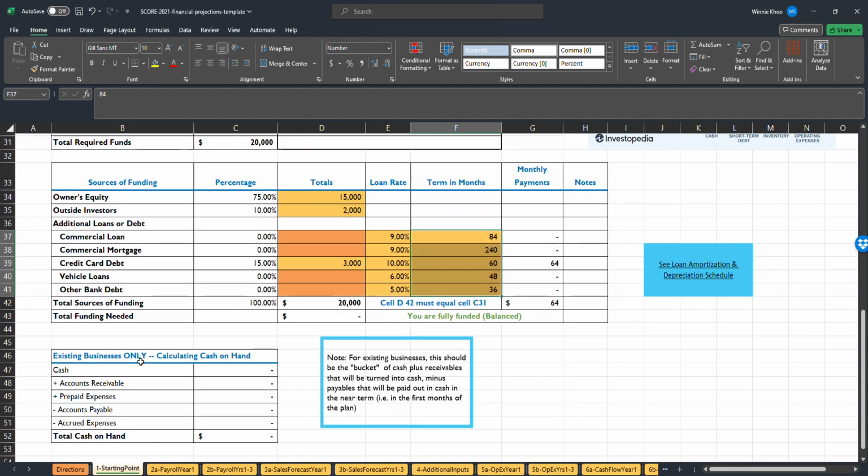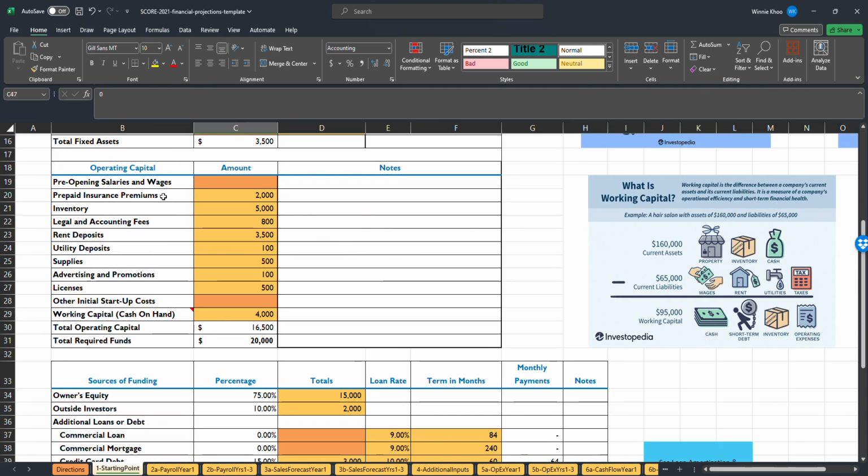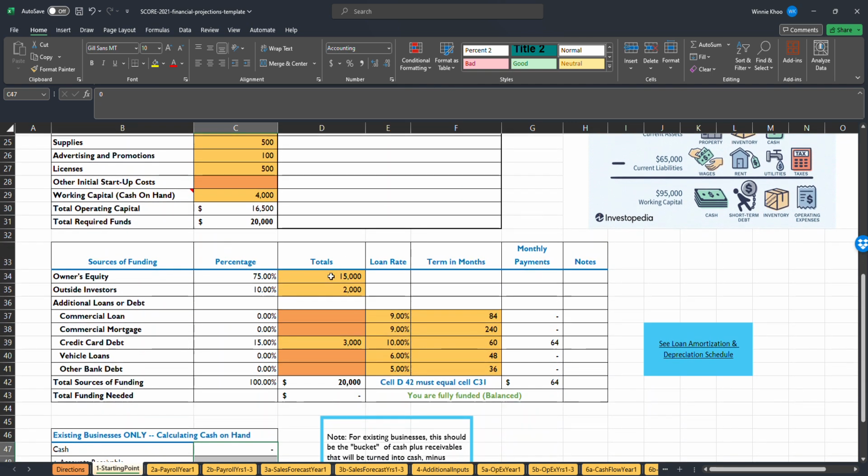So here are some of the current assets with cash, AR, accounts receivable, prepaid expenses, with your fixed assets, other assets. Then here is where I would put the equity section.